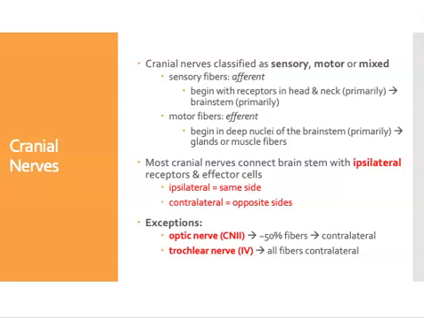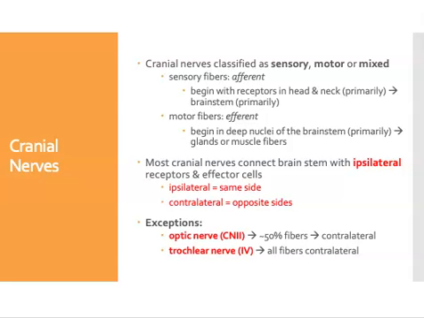And when it comes to the sensory cranial nerves, they are beginning with some kind of a receptor in the head or the neck. At least primarily. You'll see that there are a couple of exceptions. And they are sending that sensory information along an afferent pathway, again, primarily into the brainstem.